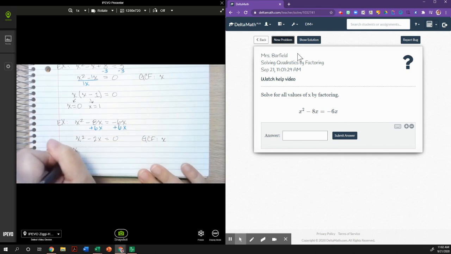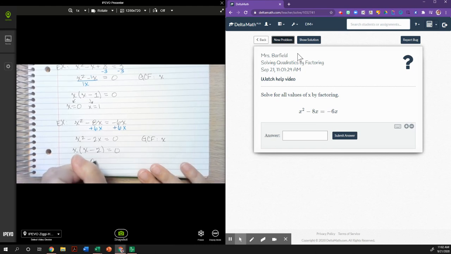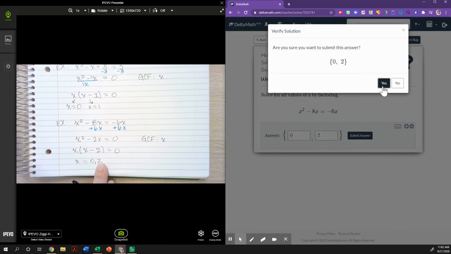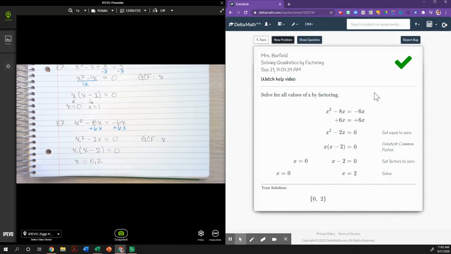So I have x parentheses x minus 2 equals 0. That's what happens when I remove an x from the answers. So I know my answers now are 0, comma 2. X equals 0 here, and the opposite of negative 2 is 2. So 0, comma 2. Submit my answer. Yes, and there we go.